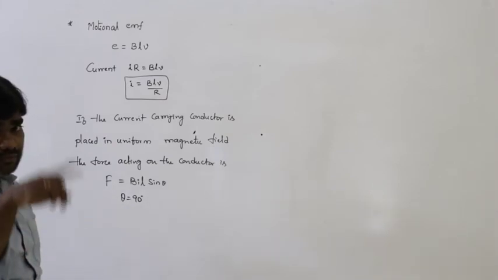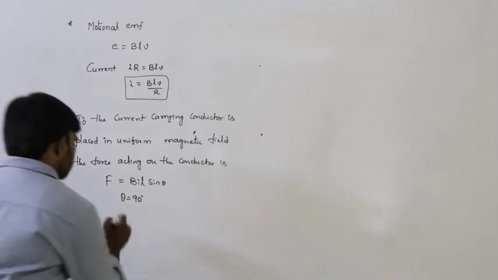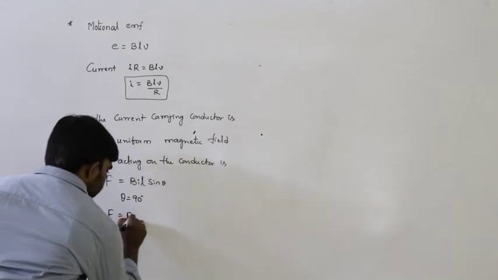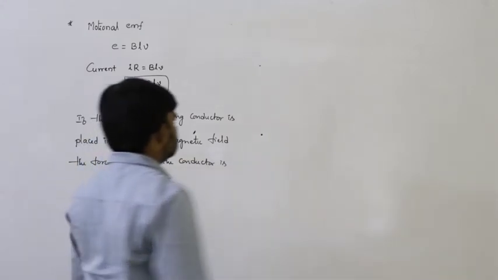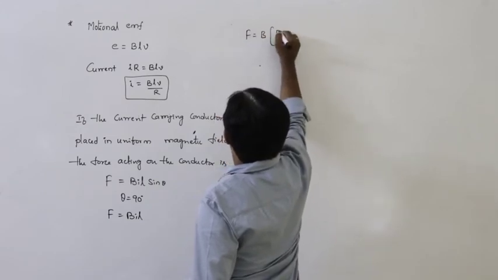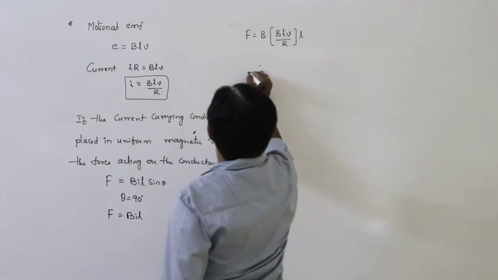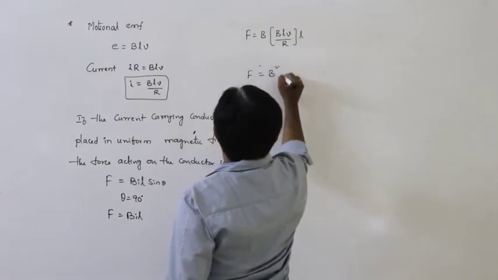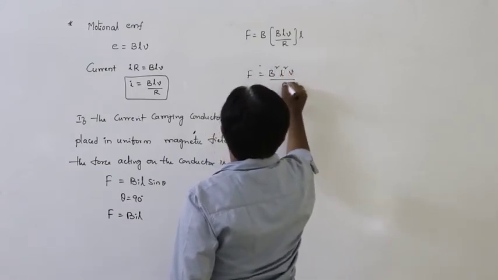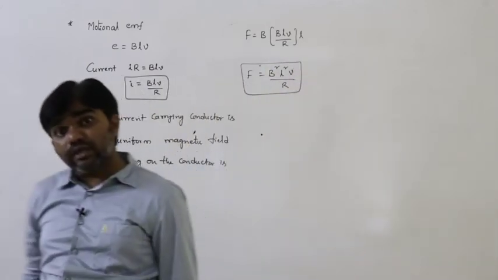The angle between the length of the conductor and the magnetic field is 90. So theta is 90, then F equals BIL. Therefore F equals BIL, where I is BLV by R, into L. So the force acting on the conductor is B square L square V by R. That is the force acting on the conductor.